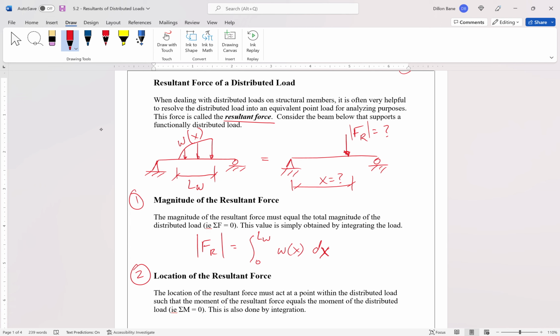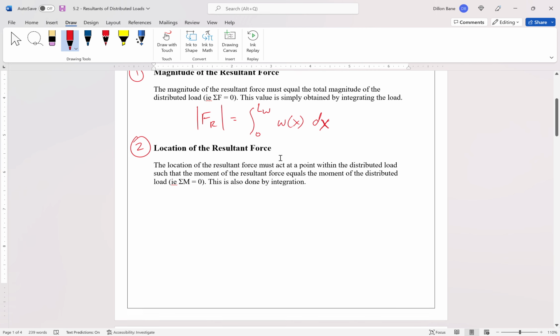The second part is trying to figure out this location x-bar. Where do I put this load such that it has the same effect as the distributed load did originally? We do this by simply taking a moment and setting it equal to 0.